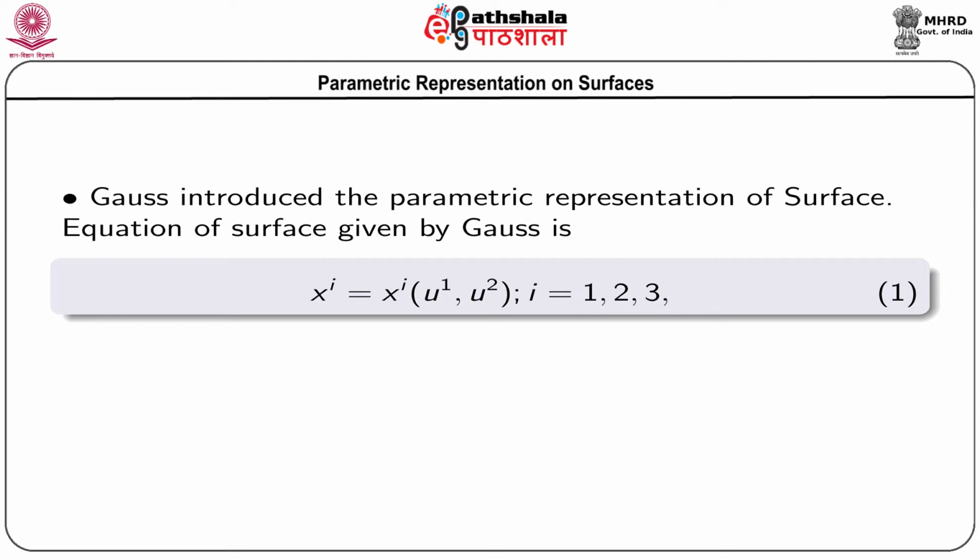These are the parameters. So, we can write 3 equations: x1 as a function of u1, u2, x2 as a function of u1, u2, and x3 as a function of u1, u2. So, equation 1 is giving 3 equations with u1 and u2 as variables. U1 and U2 are known as parameters, as I have mentioned.